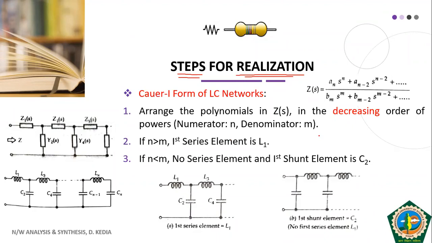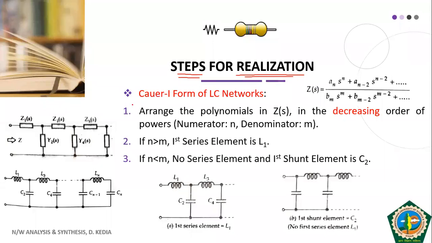If you follow these steps, you will at once be able to realize your Cauer 1 form of LC network. Please listen to these steps carefully. I also advise that once my class is over, after giving a reading to the book, you again go through my video lecture, so that you are able to concretize your concepts.